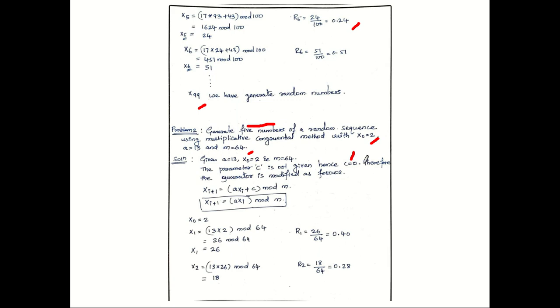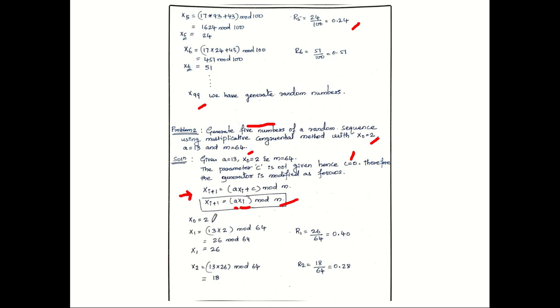Therefore we will use the multiplicative congruential method. The equation is reframed as x(i+1) equals a xi, with the value of c inserted as 0, so this becomes a xi mod m.